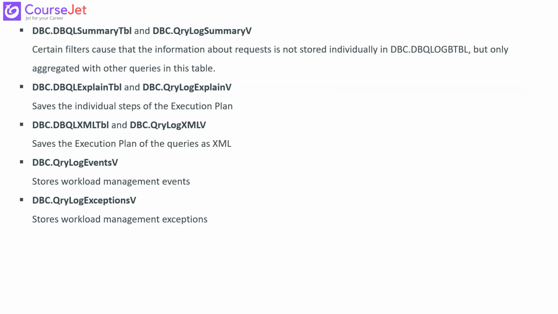And query log events will store all the workload management events, like whenever a workload is changed or throttled. Those kinds of workload related details will be stored here. And if there is an exception in the workload, it will be stored in the query log exceptions.